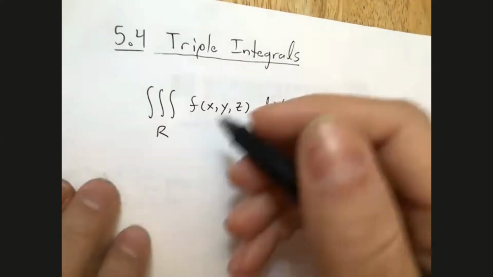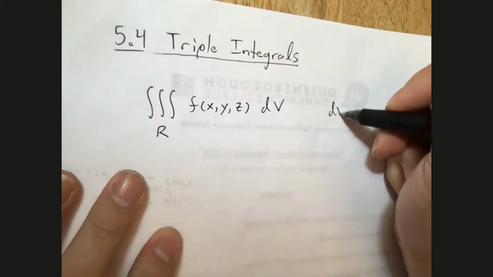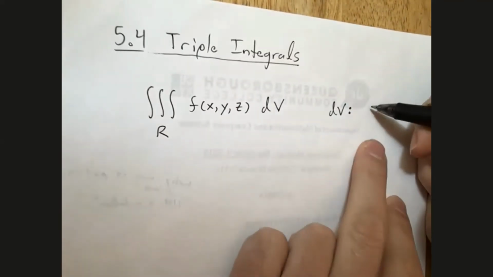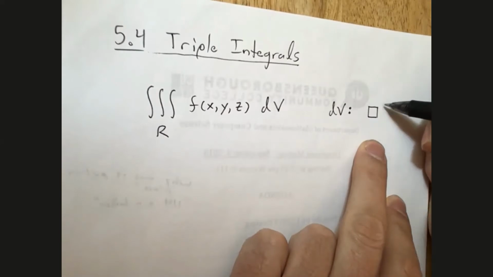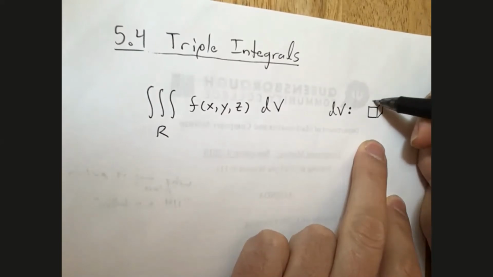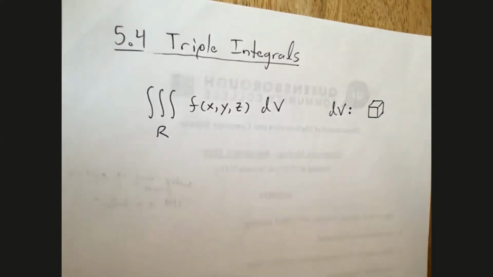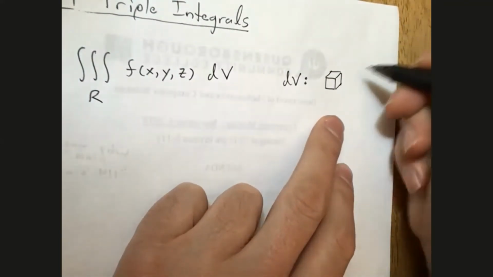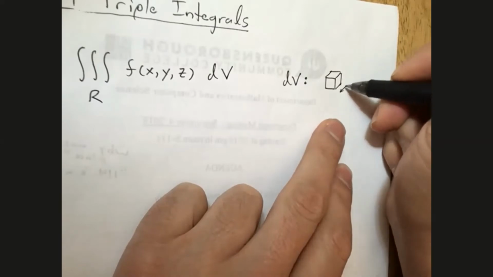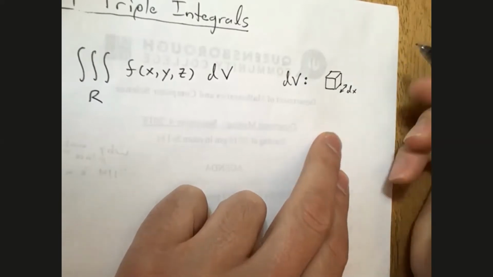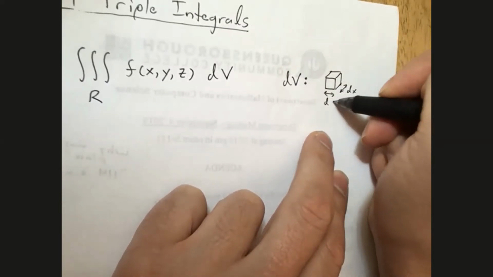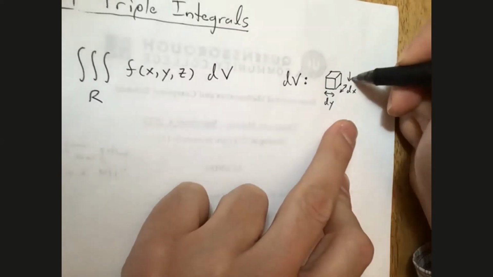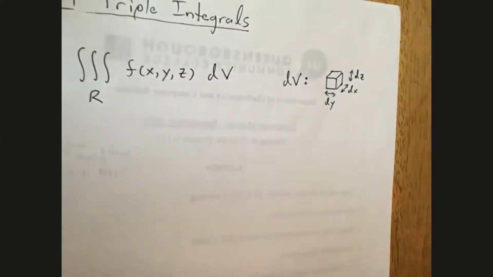All right? Now, dV we will think of as like a tiny, infinitesimally small cube. Well, maybe not a cube, but a box. It doesn't have to have equal dimensions. And the dimensions of this box, it'll have a dimension in the x direction, that'll be dx. It'll have a dimension in the y direction, that's dy. And it'll have a dimension in the z direction, that's dz.